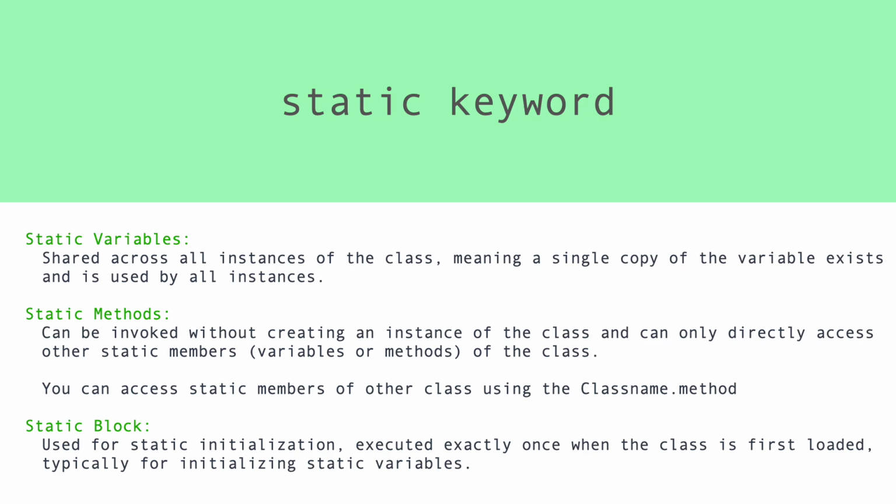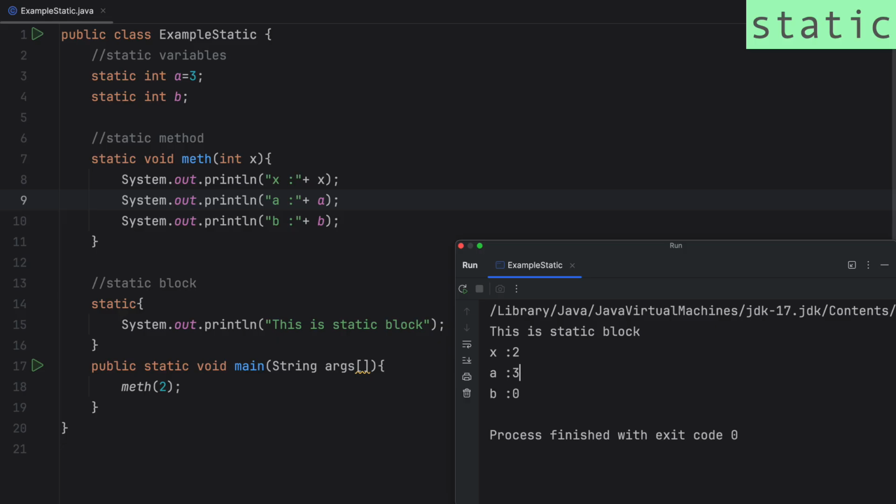Let us see an example to better understand the keyword static. Here we have a class called example static, which has two variables a and b, which are also static, and a method meth, which is static, and a block which is static, and finally a void main method which is also static.